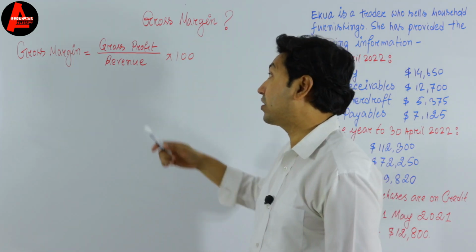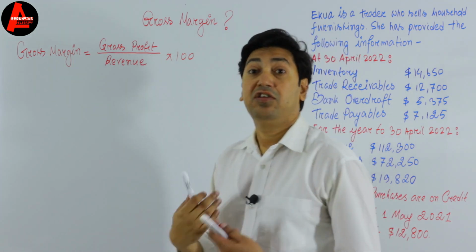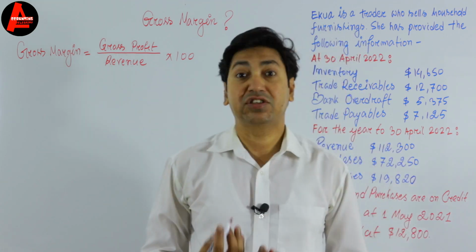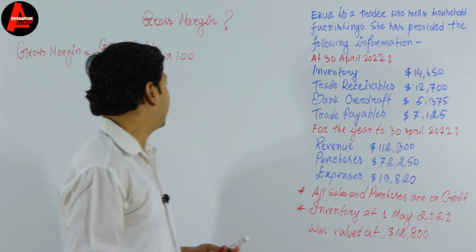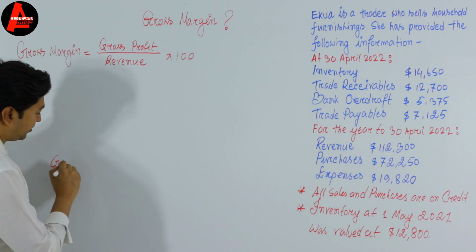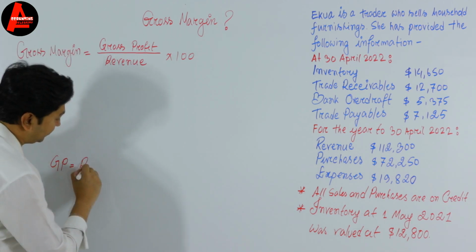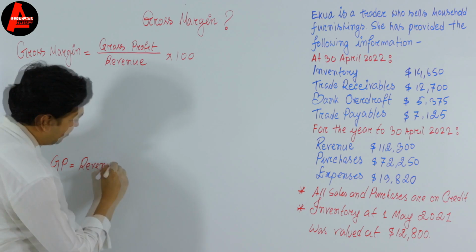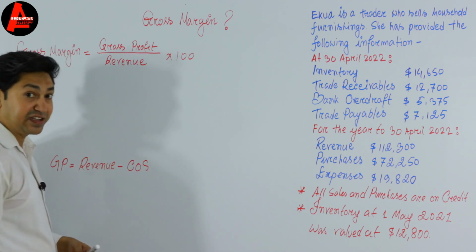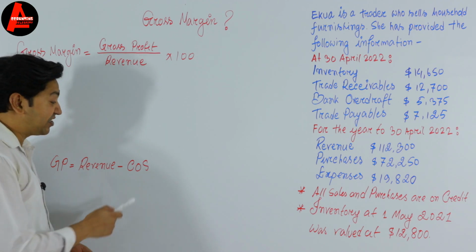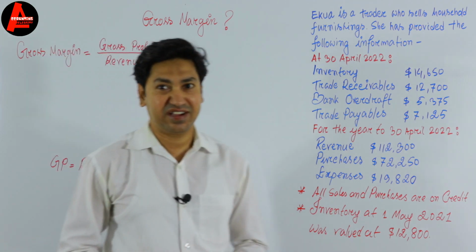But here how to calculate gross profit? You know, gross profit equals sales revenue minus cost of sales, right? So let us write here gross profit equals sales revenue minus cost of sales. So now another question, how to calculate cost of sales?